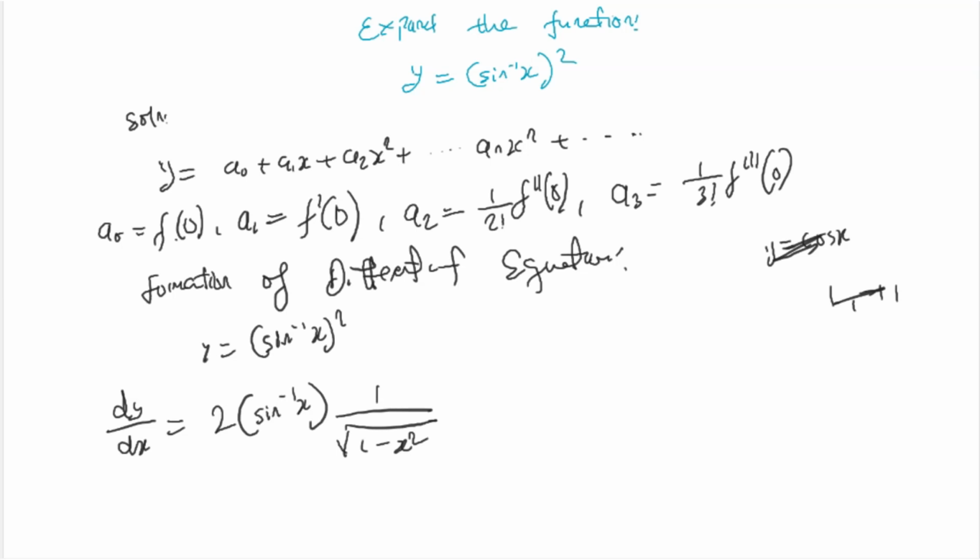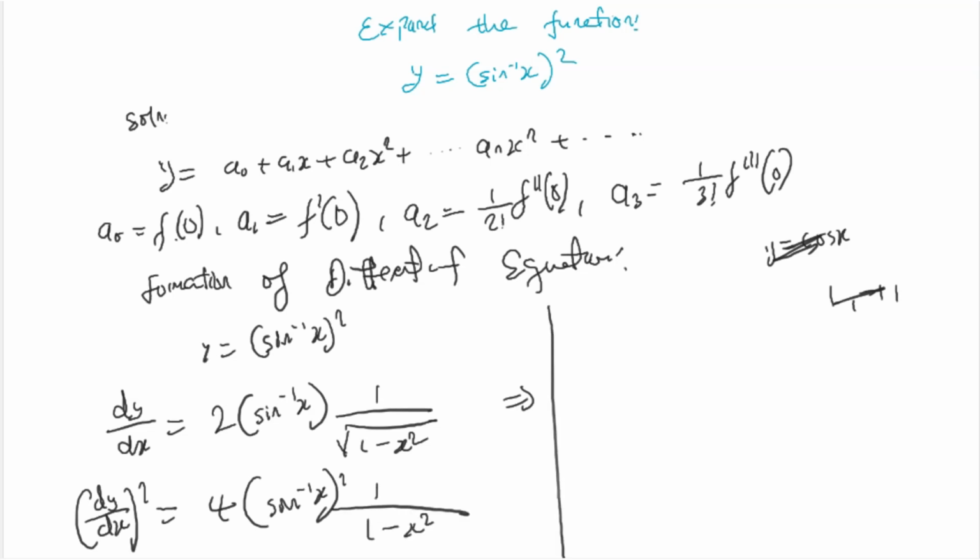Now when this is done, we square both sides, so we have (dy/dx) squared equals 4 times sine inverse of x all squared multiplied by 1 minus x squared. Now we can multiply both sides by 1 minus x squared, and we have (1 minus x squared)(dy/dx) squared equals 4y. The reason I say 4y is because y already is sine inverse of x all squared.